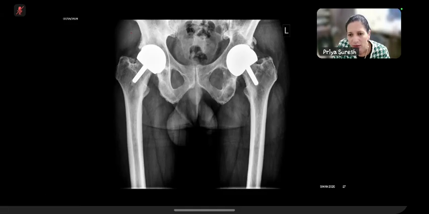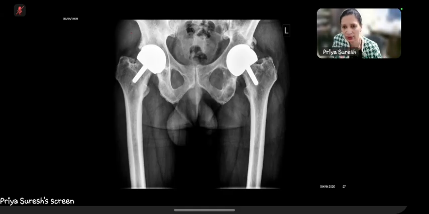But again with the total resurfacing, most common complication is osteolysis. So that's what you need to look for. We said that it can cause fracture of the femoral neck as well, because it's very thin, but lucency is what you're looking for.